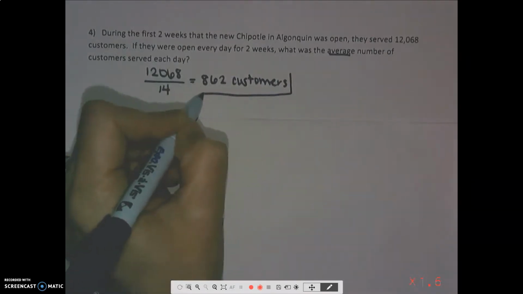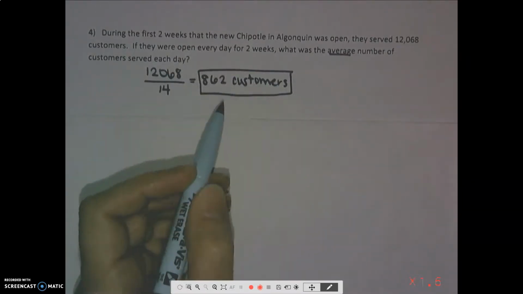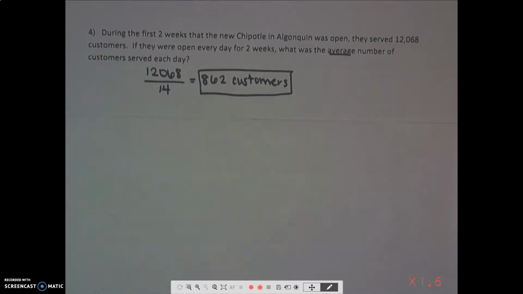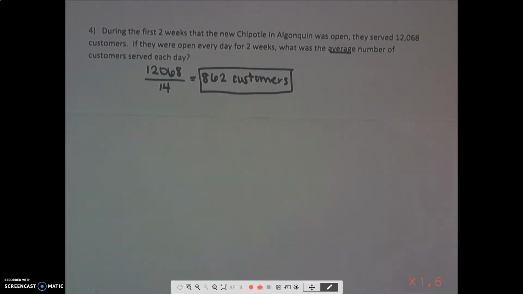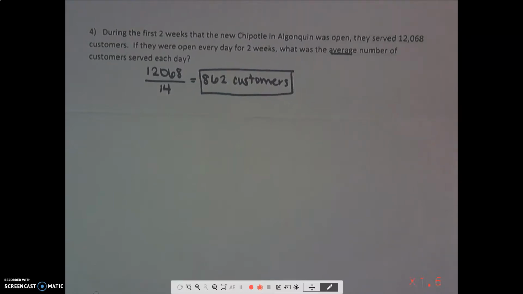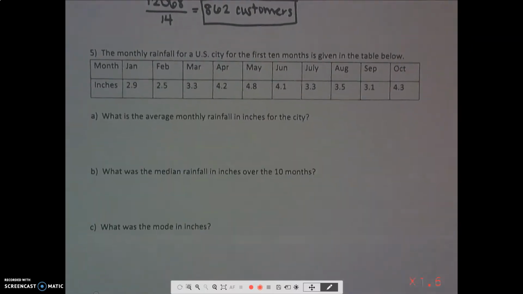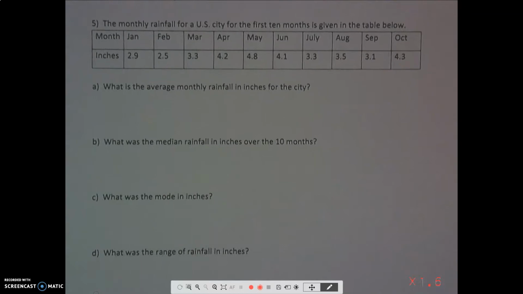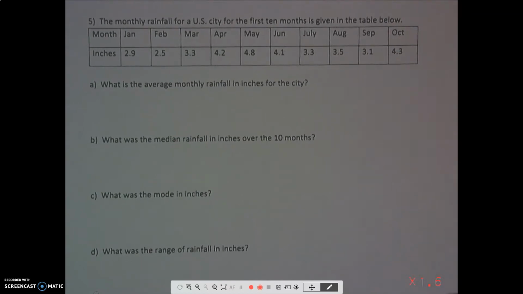Now, for all of these, this one was a nice easy number, so you're fine. But all of these you can round to 2 decimal places. Okay. We know that it's not possible to have 862.3 customers, but still round them to 2 decimal places. Okay. All right. So we'll do one last question here where it asks us multiple different pieces about this data.